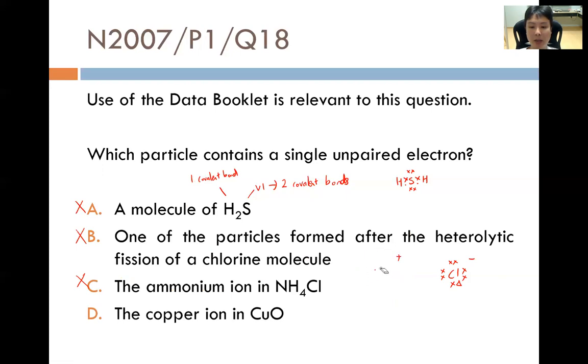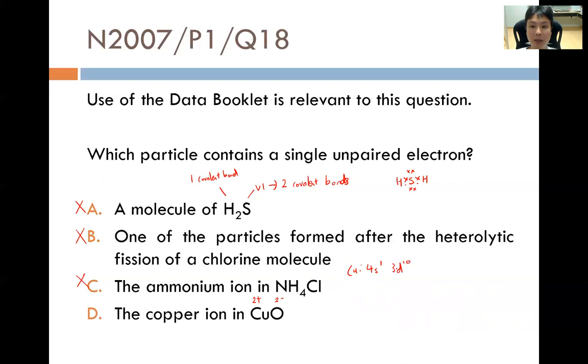The copper ion in CuO: if we look at the charge of the copper ion, because the oxygen is actually 2-, hence the charge of the Cu must be 2+. And if we were to write the electronic configuration for the copper atom, just looking at the valence shell, the Cu atom has an electronic configuration of 4s1, 3d10.